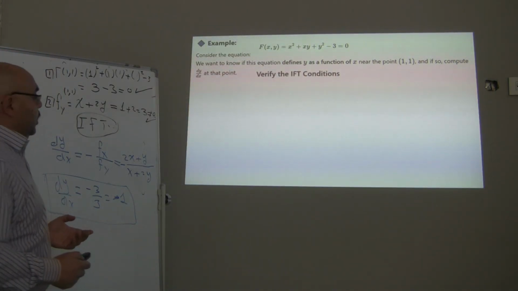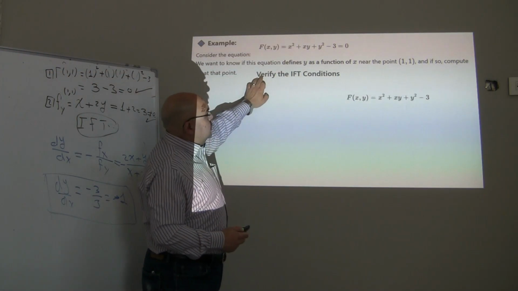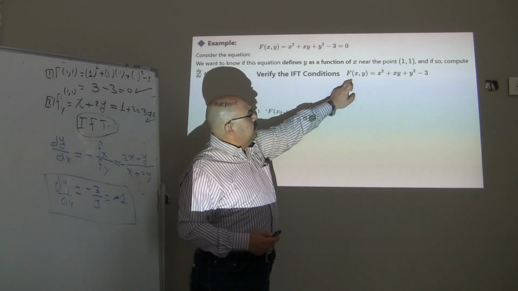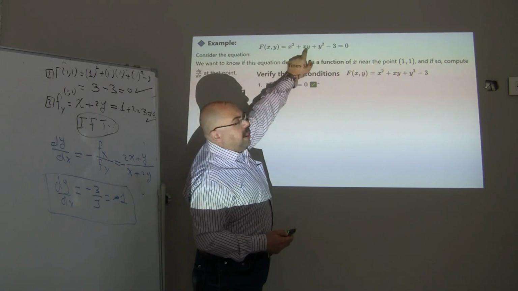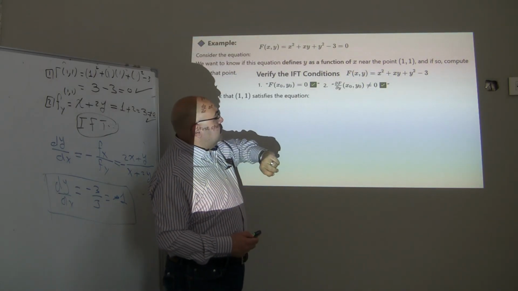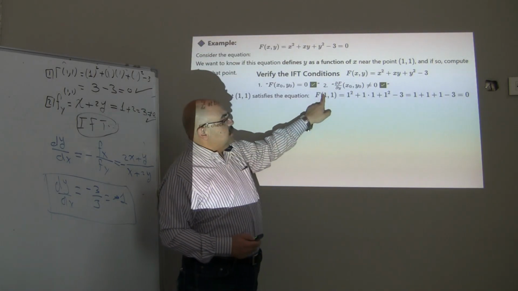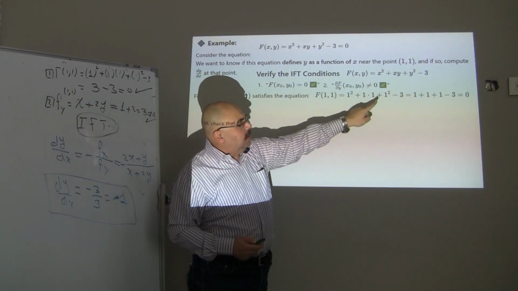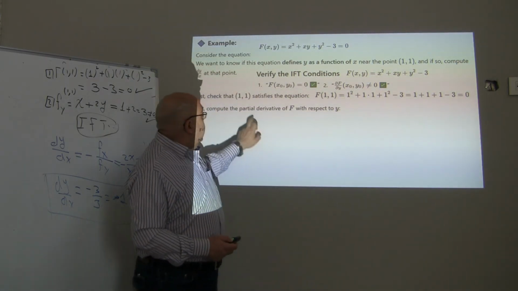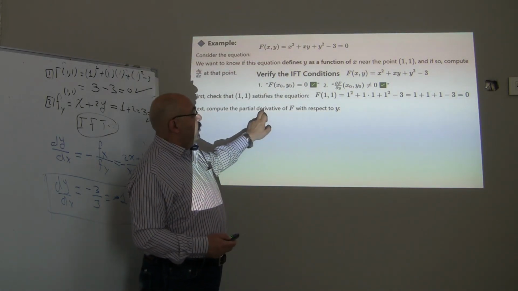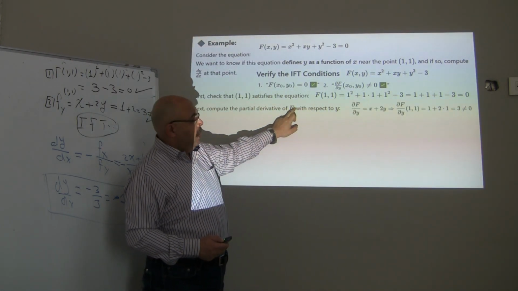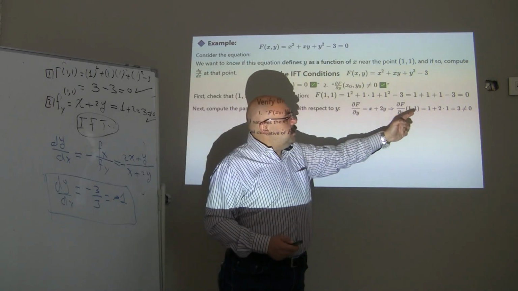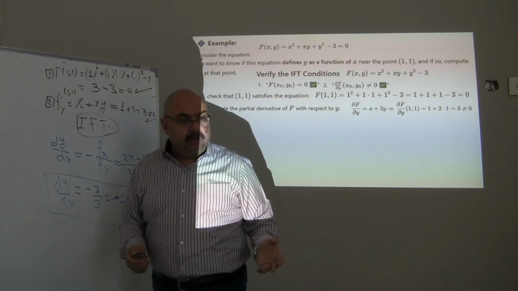Okay, once more, verify the conditions. That's the function. I'm going to test at 1 and 1, replacing every x and y by these values. Here we go. When we substitute, it's equal to 0. Then start getting the partial derivative of f with respect to y. Differentiate with respect to y. Check the condition. It's equal to 3, not equal to 0.